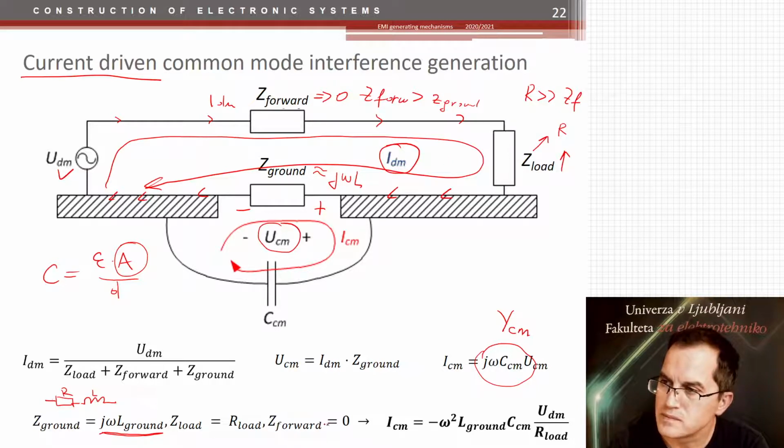Now, the common mode noise that is derived from these assumptions is this one here. And it contains the square of the frequency, which again is very, very nasty.